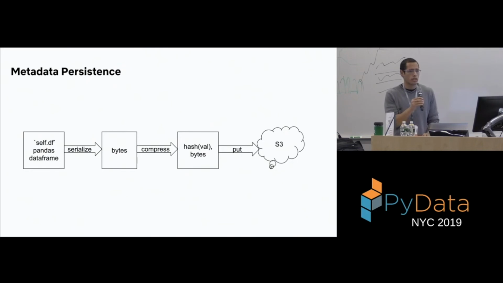The reason we do the hashing is to avoid storing duplicate data. So if your data hasn't changed and you store that large pandas data frame under multiple different names, we won't duplicate the data. So it reduces our memory footprint. But overall, with the compression and the hashing, the actual cost is relatively low. The logs are also persisted in a different manner, but standard out and standard error are accessible later.